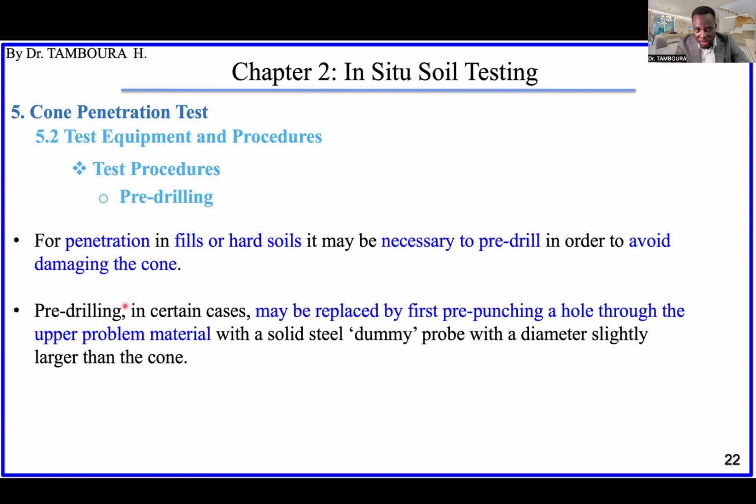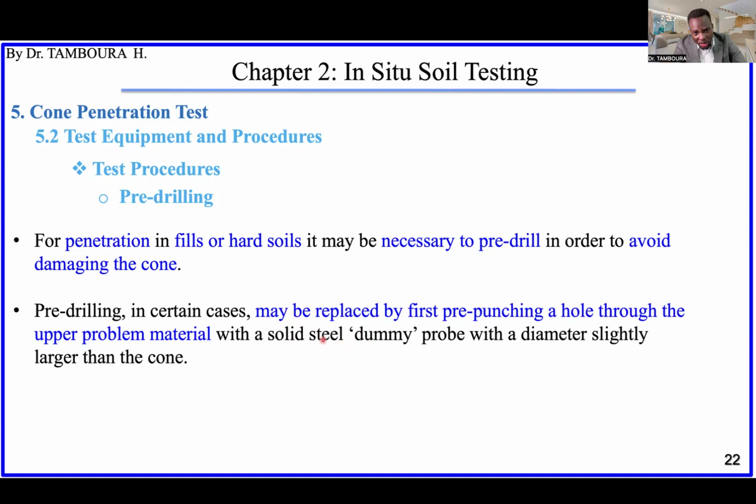This pre-drilling may in certain cases also be replaced by pre-punching. You just punch the surface and make a hole through the upper problem material. The upper layer may just be gravel or rock. You can break it and make it easy for the cone to start to be pushed in.